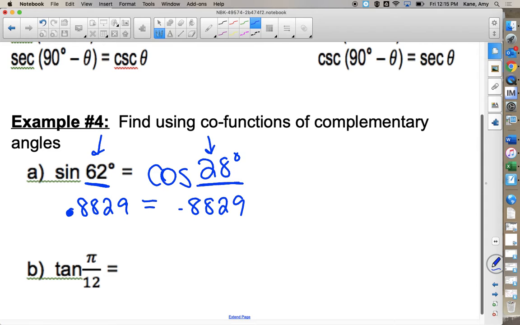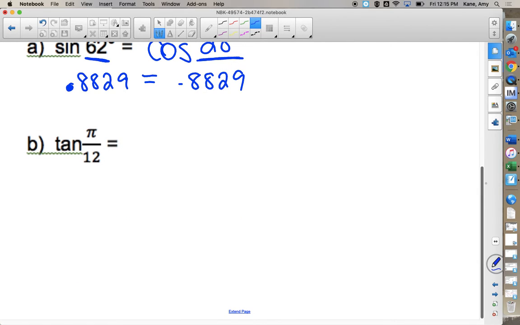So then letter B says the tangent of pi over 12. So tangent and cotangent are co-functions. How would I find out the angle that goes along with that? Julian? You would subtract pi over 12 from pi over 2. Yeah.